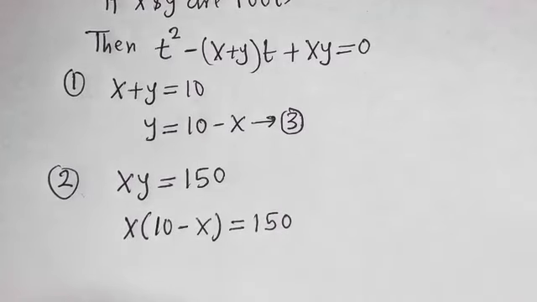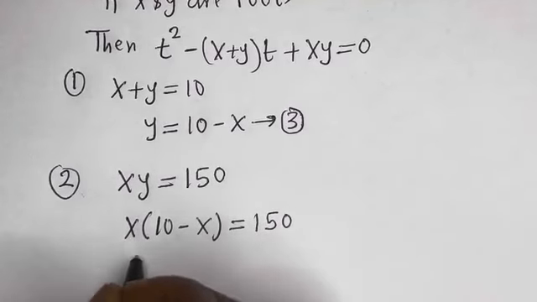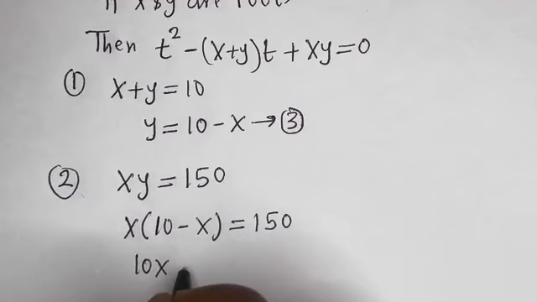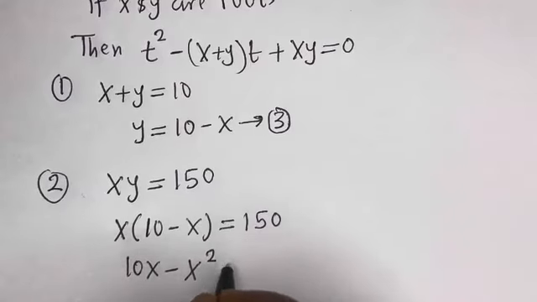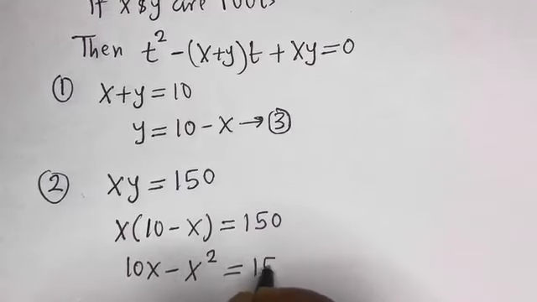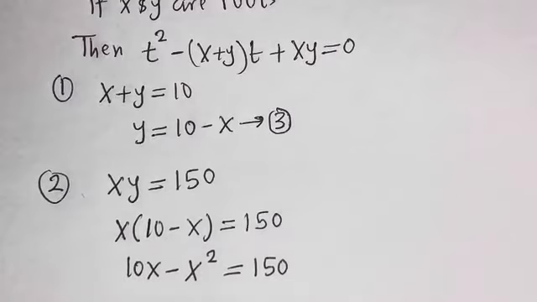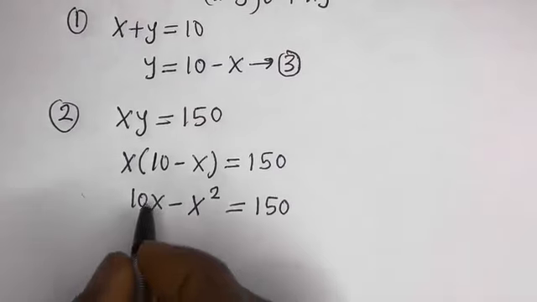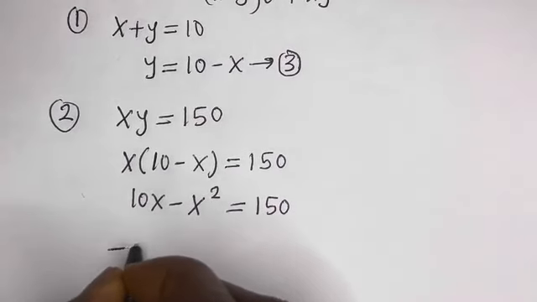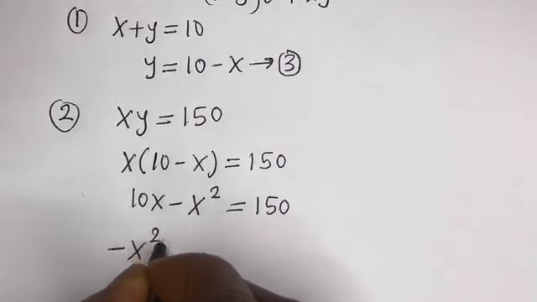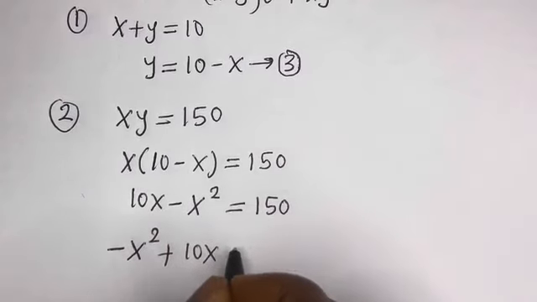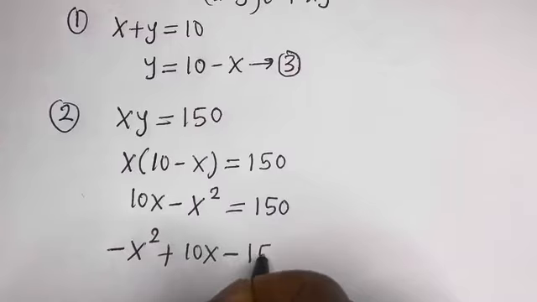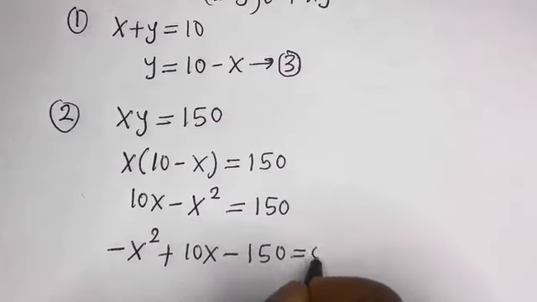Let us open the bracket. s multiplied by 10 is 10s, minus s multiplied by s, s squared, is equal to 150. Then this is minus s squared plus 10s; if you bring this to this side, minus 150 is equal to 0.